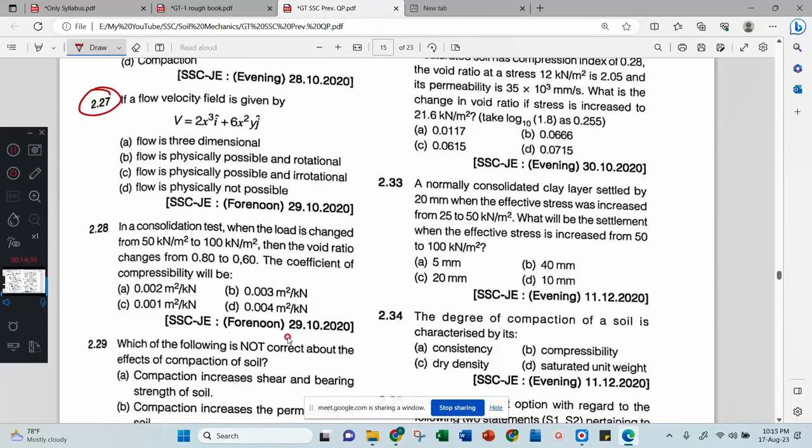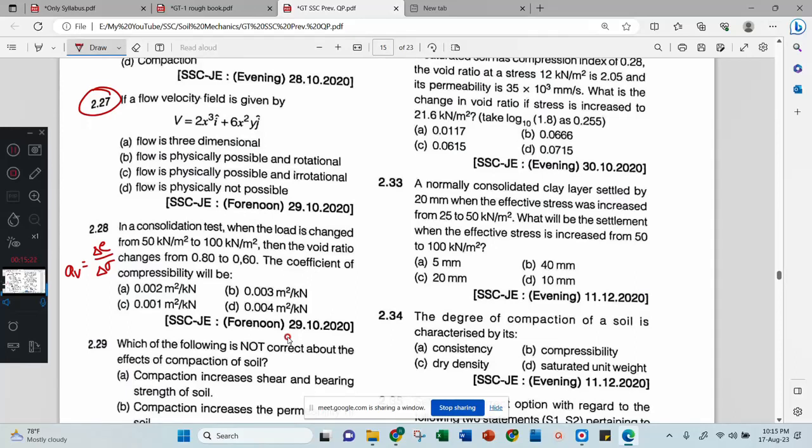Consolidation test, when the load is changed from 50 to 100, then the void ratio changed from 0.8 to 0.6. The coefficient of compressibility will be, coefficient of compressibility formula, av equal to delta e divided by delta sigma.